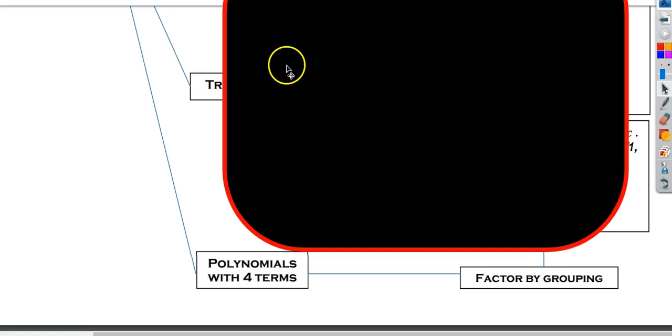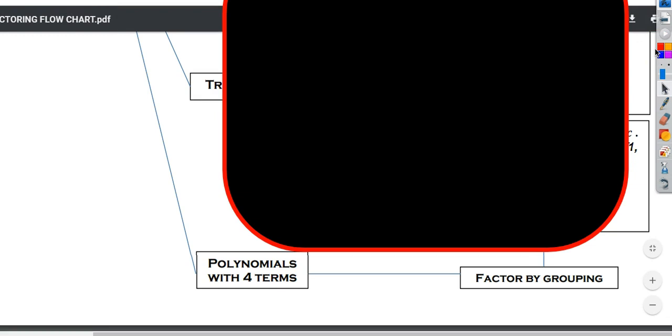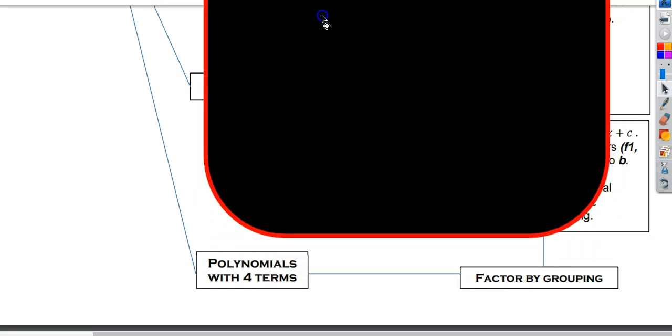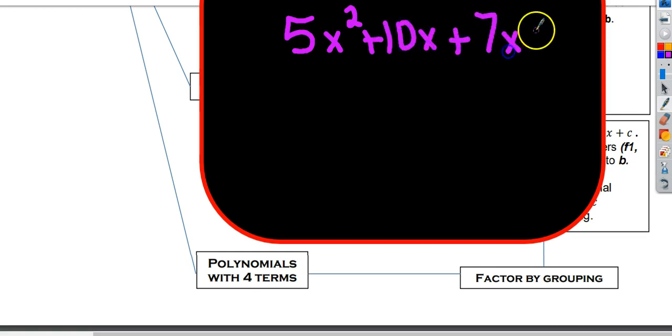If you had a problem that was 5x squared plus 10x plus 7x plus 14.